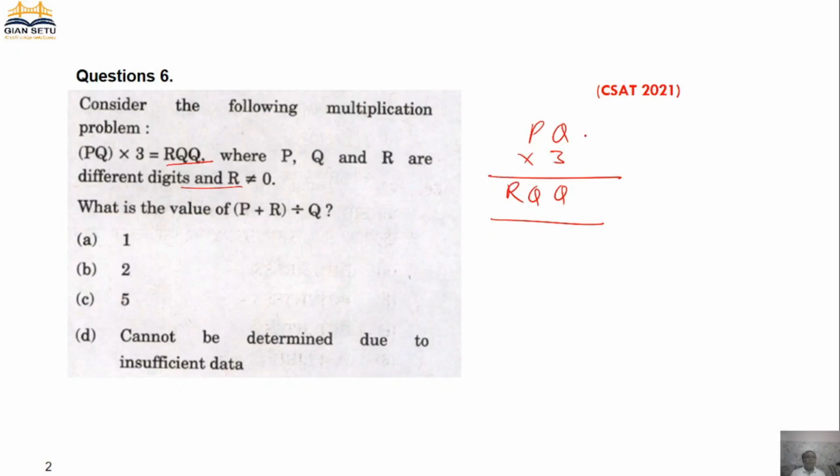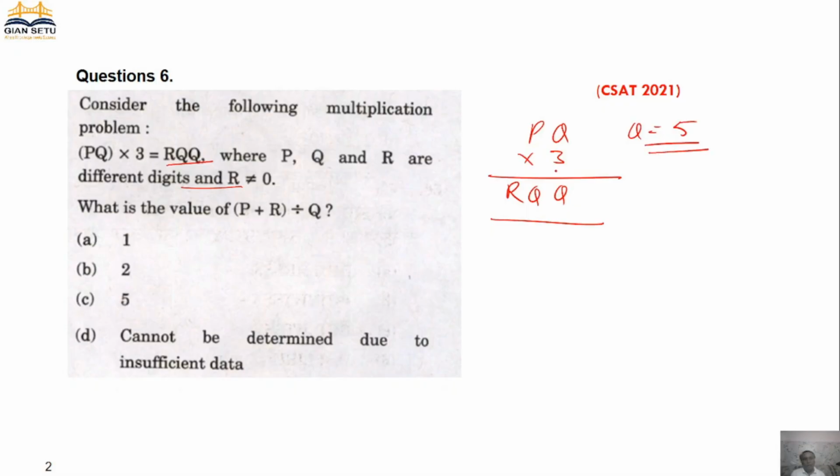Now, the value of digit Q here is such that when we multiply it by 3, it gives units digit Q in the final product. And the possible value of Q here will be 5.